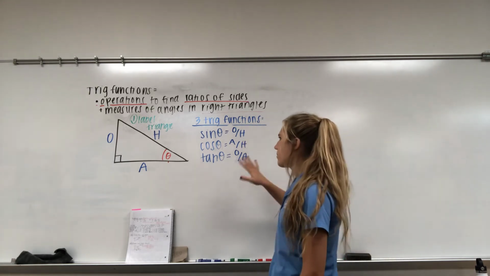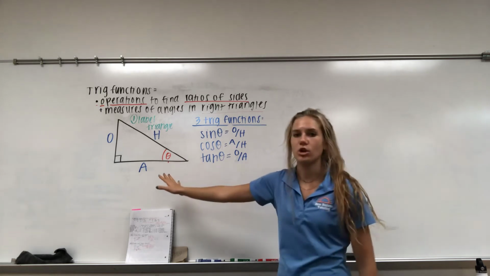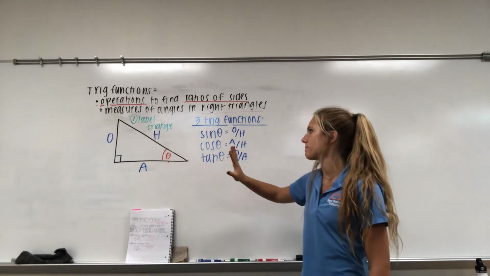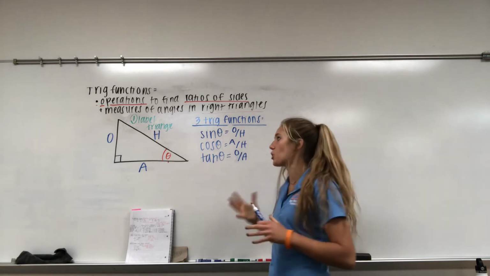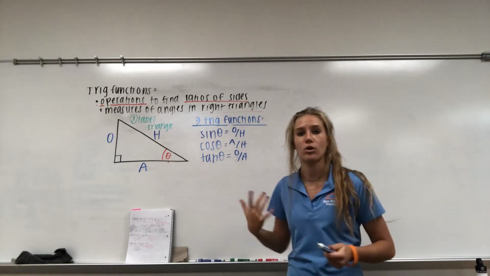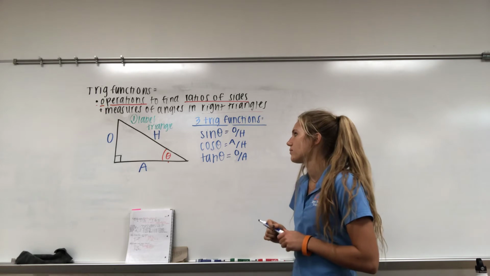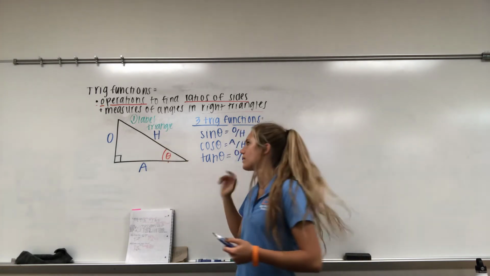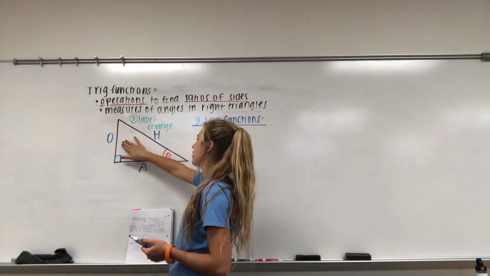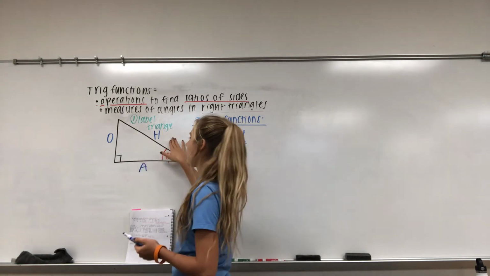So with all of that in mind, if we look back to our triangle, it becomes a little more obvious why it's so important that we label our triangle correctly, right? Because these actual measurements are going to stay the same. Let's say this side is 4, this is 3, this is 5.